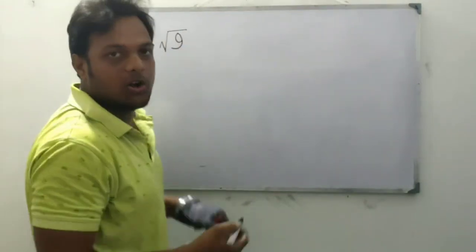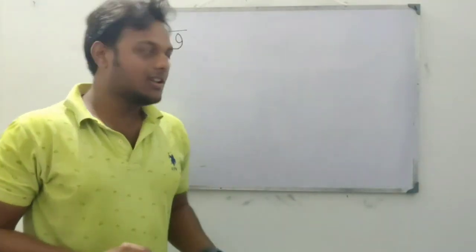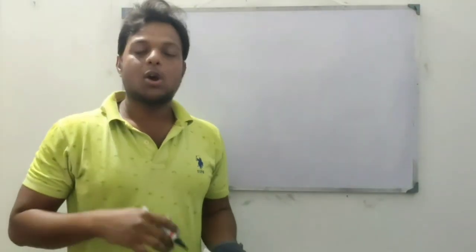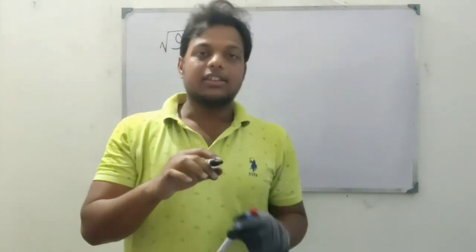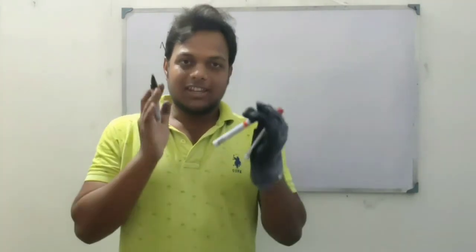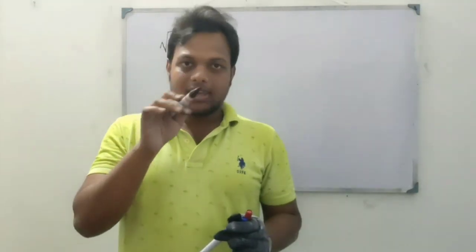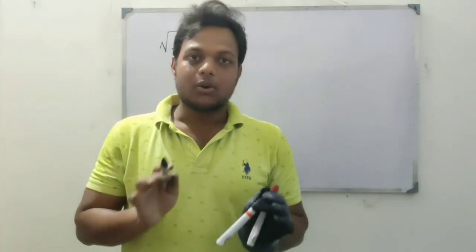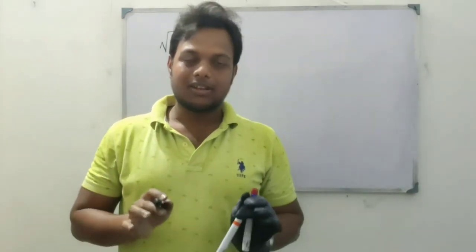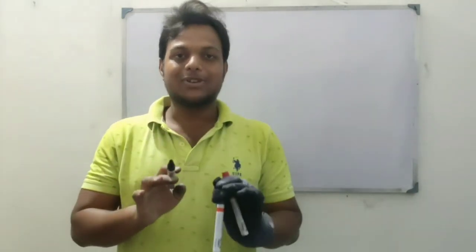Is it rational or irrational? Suppose you have to check whether root over minus 9 is a rational number or irrational number. Just remind the definition that a number is said to be rational if it can be expressed in the form p by q, where p and q must be integers with q greater than 0. From now onwards, we will habituate ourselves with q greater than 0. It will be better. Otherwise, you can keep in your mind that q not equal to 0. It does not matter. Understood?